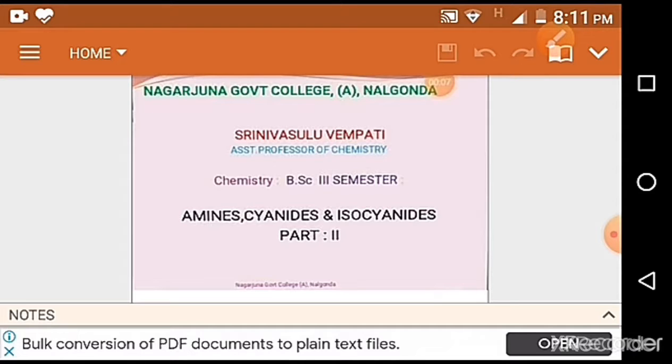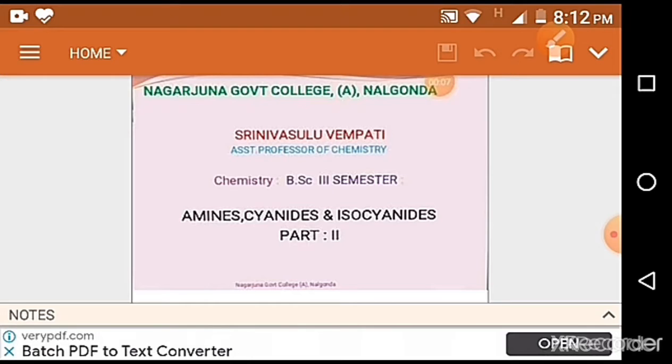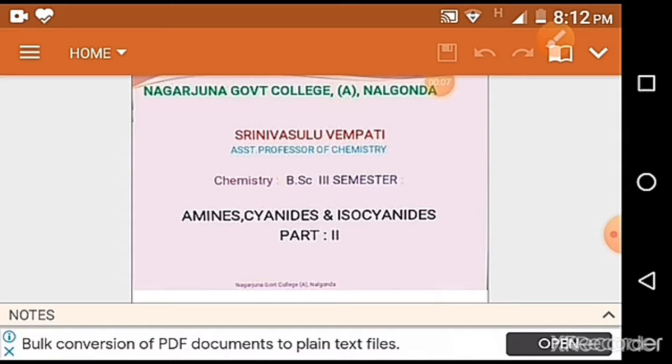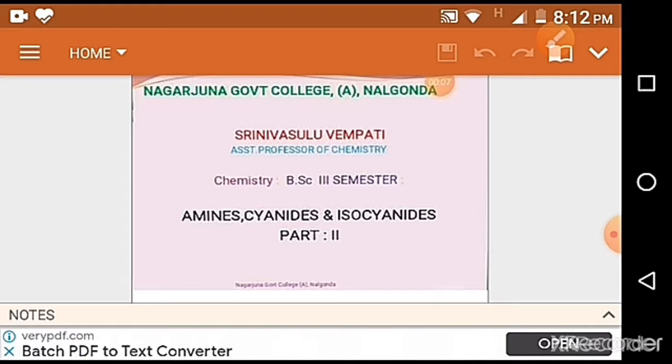From these 5 methods, we discussed how to prepare amines. Then we discussed about phase transfer catalysis, how tetraammonium salts work as phase transfer catalysts in different organic compounds, especially in nucleophilic substitution reactions.